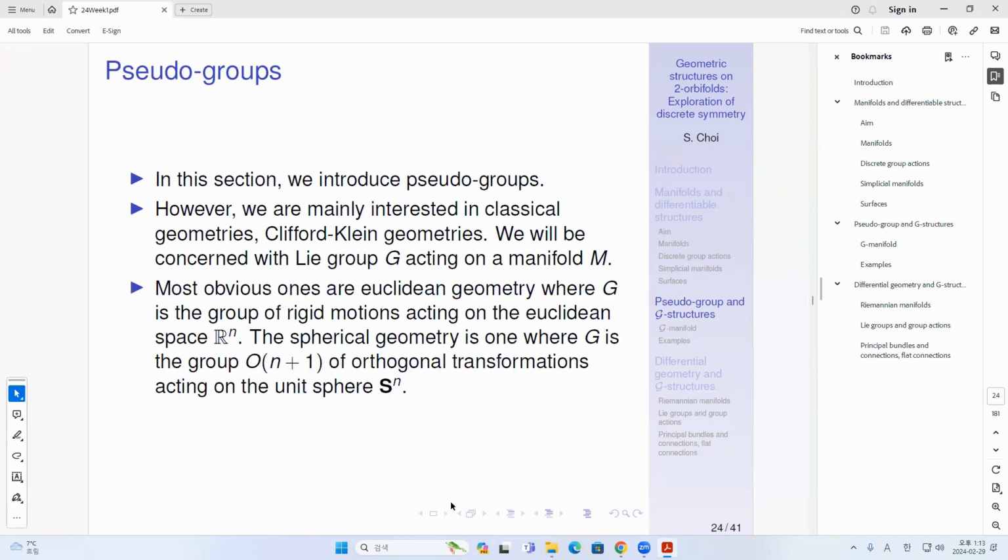So the obvious one is Euclidean geometry, where G is the group of motions acting on Euclidean space Rn. Spherical geometry is one where G is the group of orthogonal transformations acting on Rn, so Sn. You're looking at the properties which are invariant under this action.